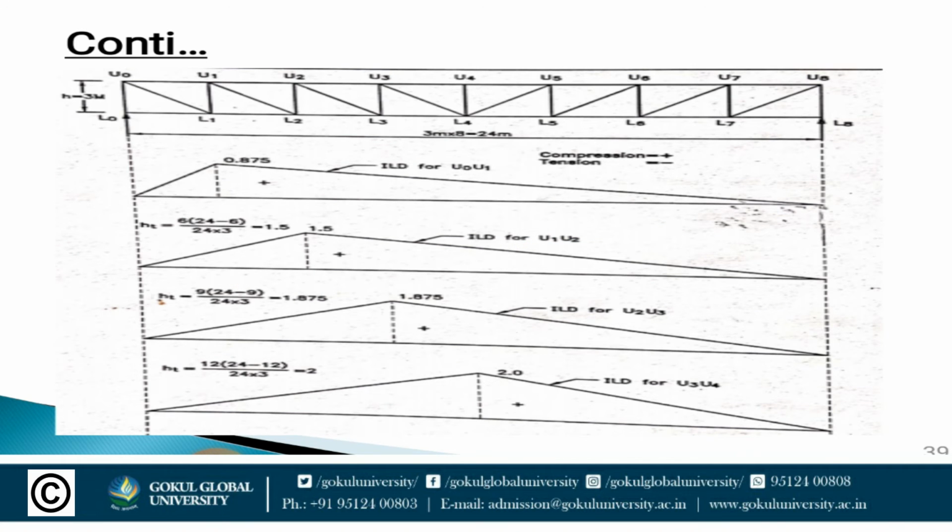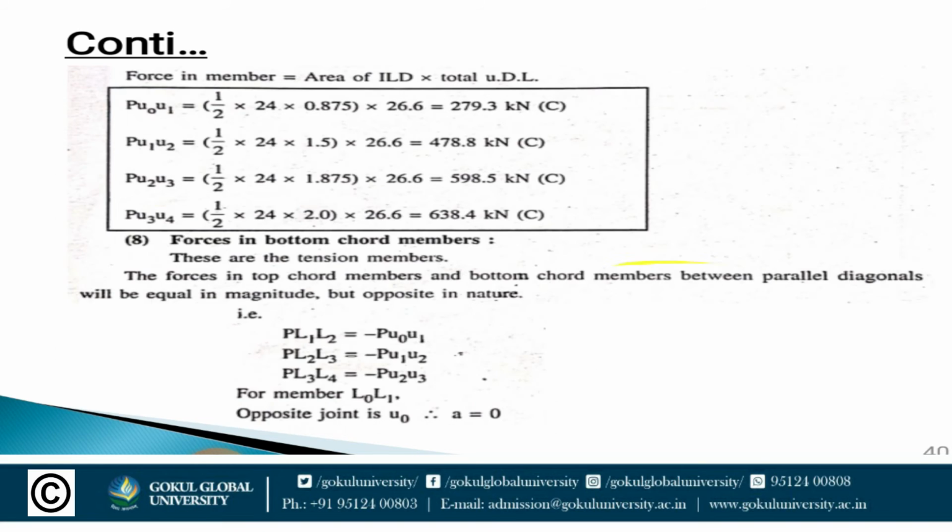This figure gives the idea about the top chord member compressive force. It is U0 U1, second one U1 U2, third one U2 U3, and fourth one U3 U4. In a similar way we can identify the different forces in the top chord member.